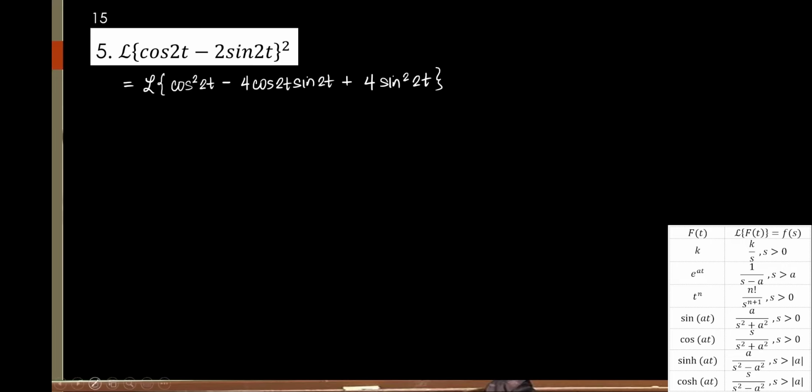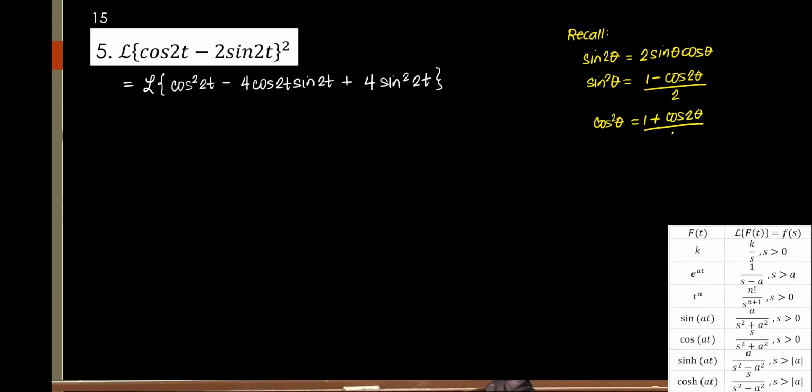And then, again, let's recall the formulas, the double angle, half angle. So, I'll just write it here. Sine 2 theta is 2 sine theta cosine theta. Sine squared theta is 1 minus cosine 2 theta all over 2. Cosine squared theta is 1 plus cosine 2 theta all over 2. All right.